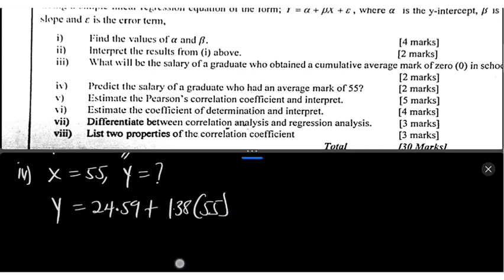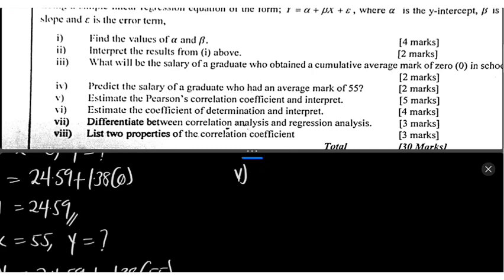So with that, we can say that y should give us a total of 100.49. So this is the salary that a student will obtain when he gets an average mark of 55. Right? So that is the value of y in this particular case.